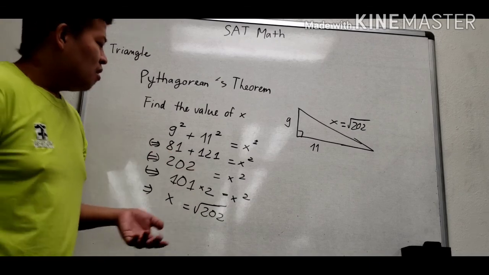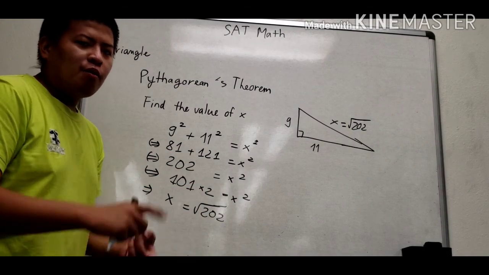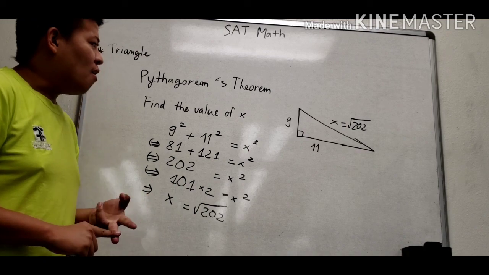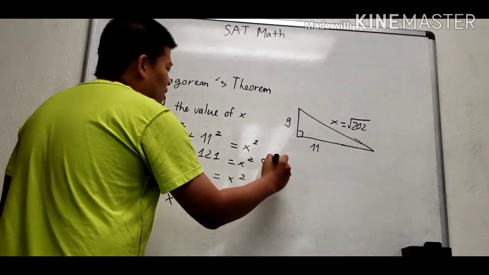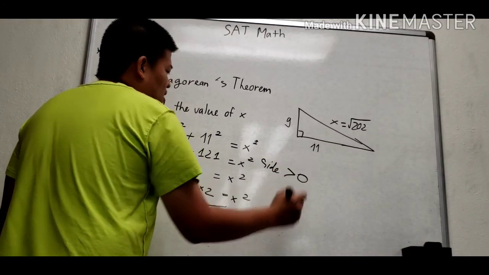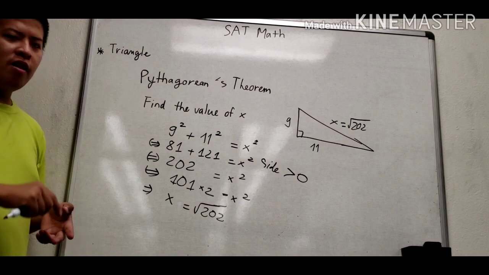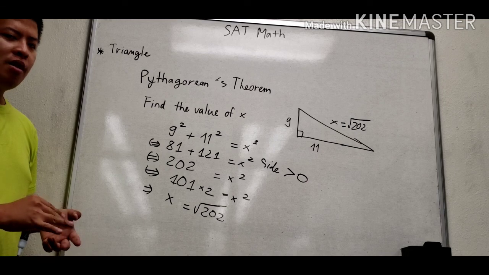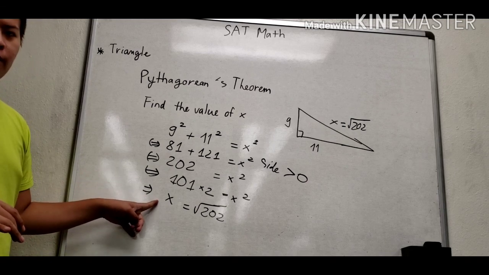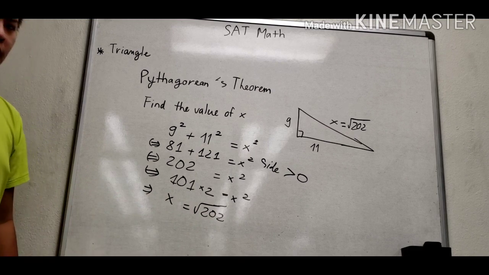We know that if we take the square root on both sides, you get positive and negative. However, s is a side, and a side should always be greater than 0. That's why you get the positive number only. The negative number you just reject. That's why you choose only one number, the square root of 202.